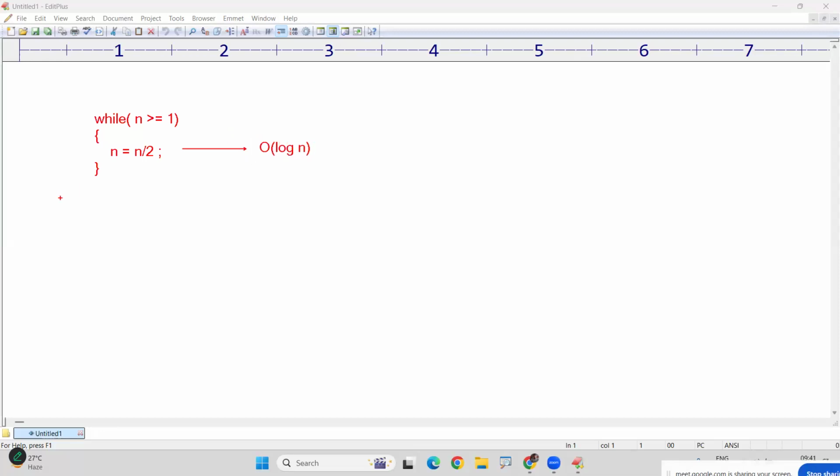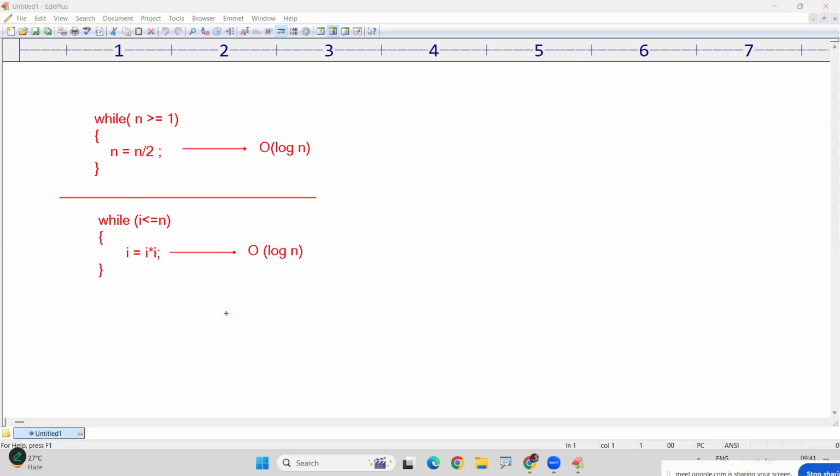Same only in the forward direction: while i starts with 1 up to i less than or equal to n, simply i equals i multiplied with 2. It is the same only. It is i by 2, and here it is i multiplied with 2. This is a decreasing order and this is an increasing order. That is the way.